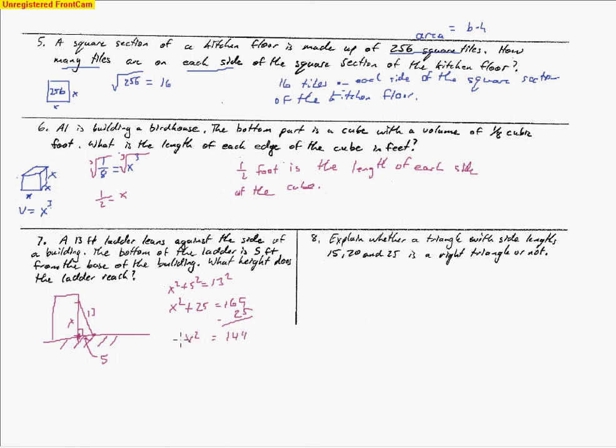So we go ahead and take the square root. And that leaves me with x at 12. So 12 feet is the length of the side that the ladder reaches. So the ladder will reach 12 feet up that side of the building.